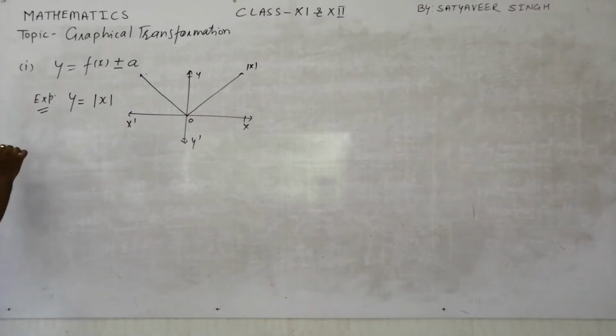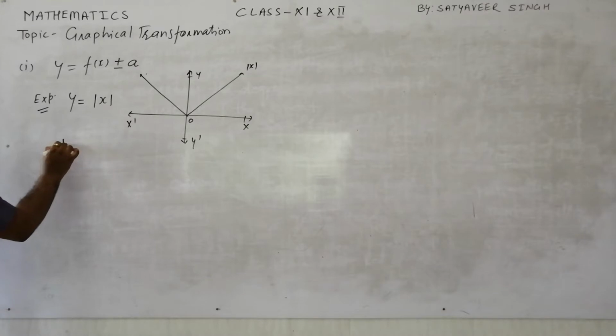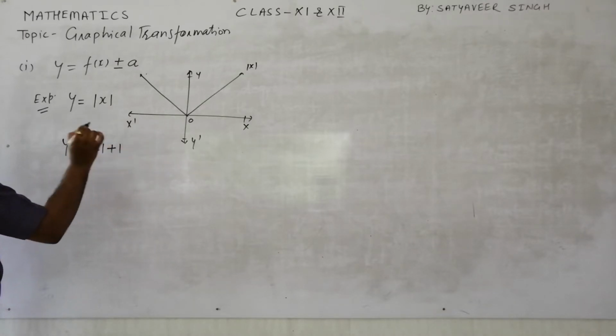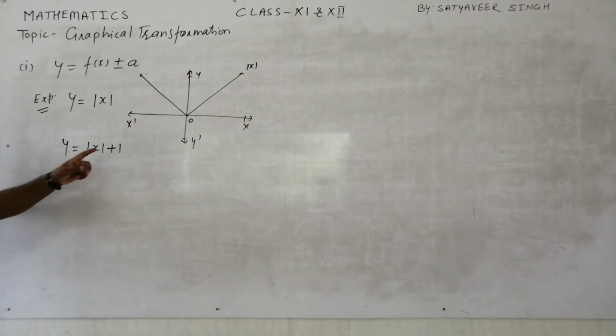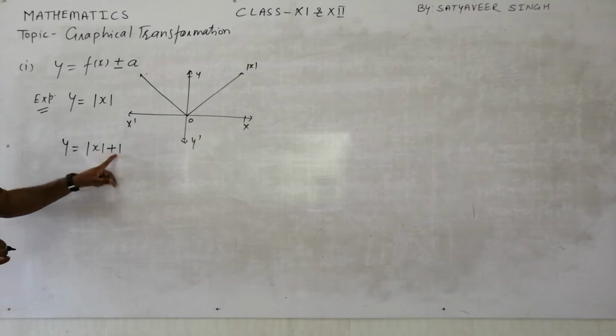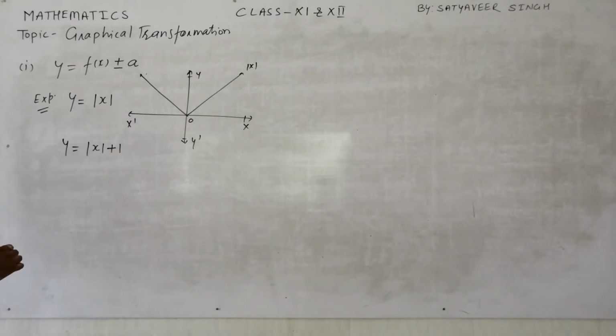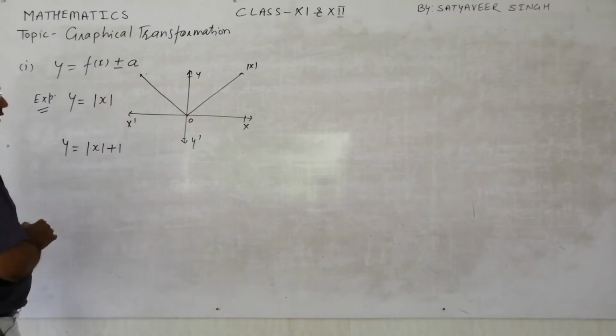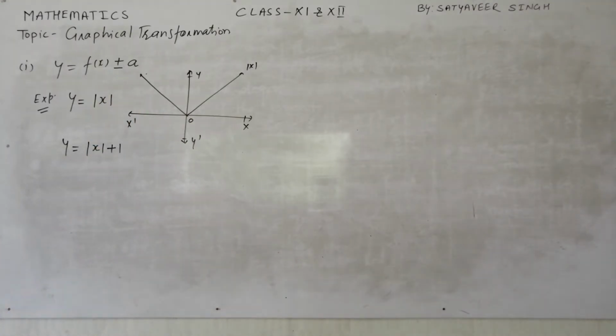But what happens if I write the function y is equal to modulus x plus 1? This plus 1 I have added in the function, like a, so a is 1 here. How does it change the position of the graph?